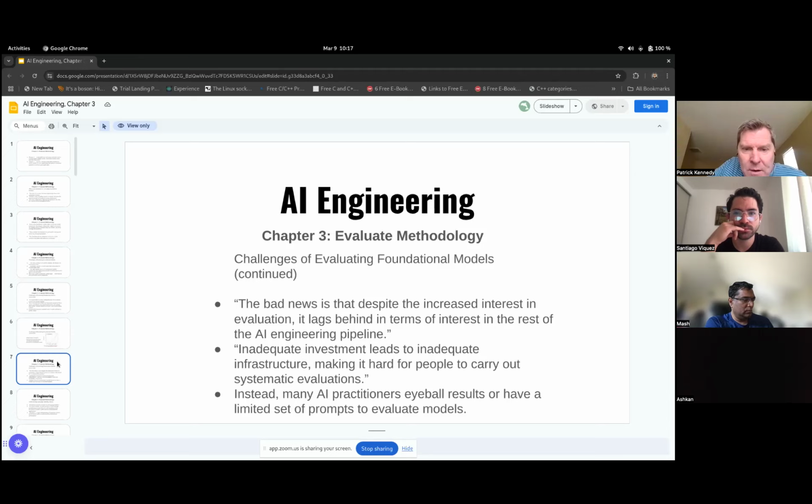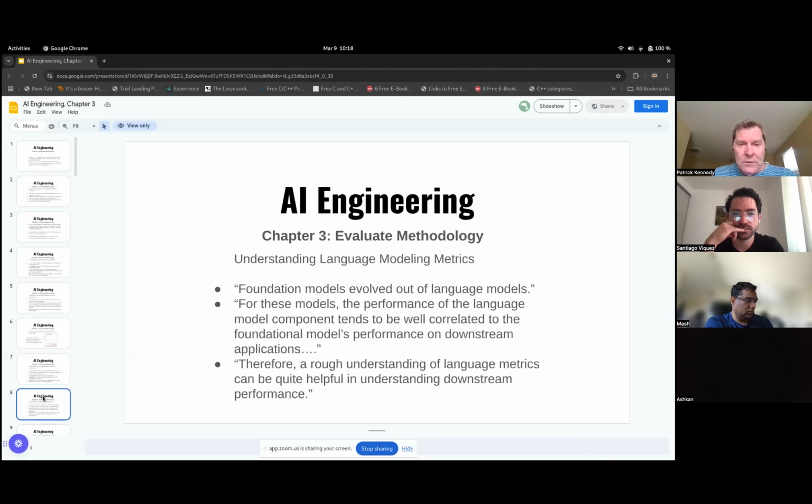So the bad news is that despite the increased interest in evaluation, it lags behind the interest in the rest of the AI pipeline. Inadequate investment leads to inadequate infrastructure, making it hard for people to carry out systematic evaluations. Instead, many AI practitioners eyeball results or have a limited set of prompts to evaluate models. And this is a problem because this is not systematic evaluation.